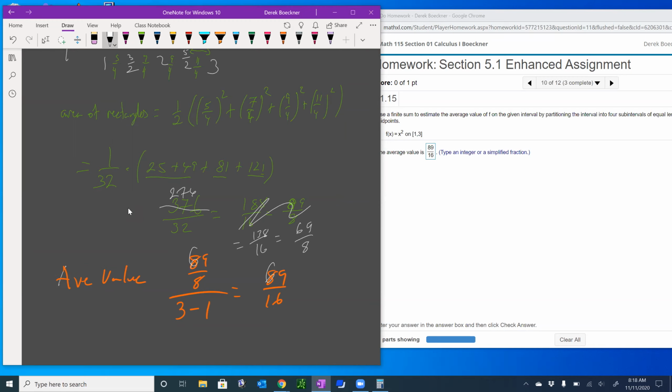So that's, is that right? That's 16, right? So you got 1/2, and then you've got 25 over 16 plus 49 over 16.